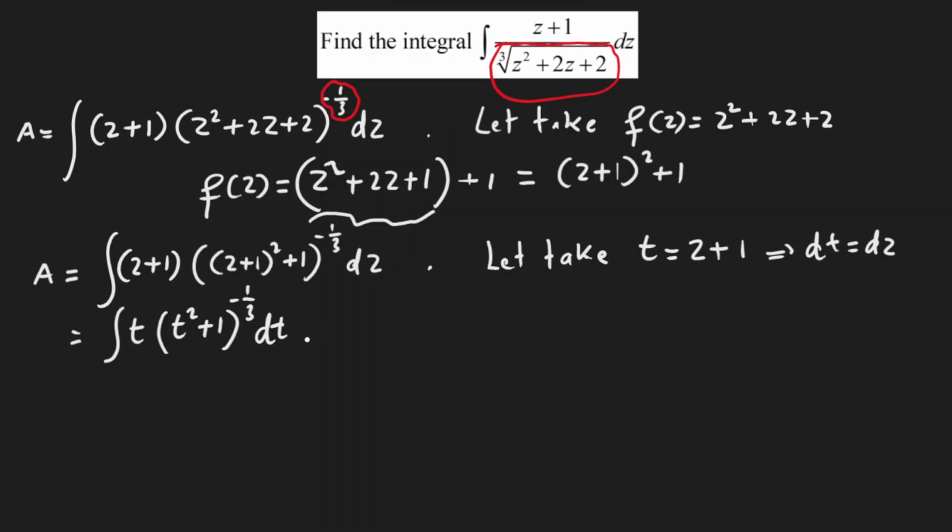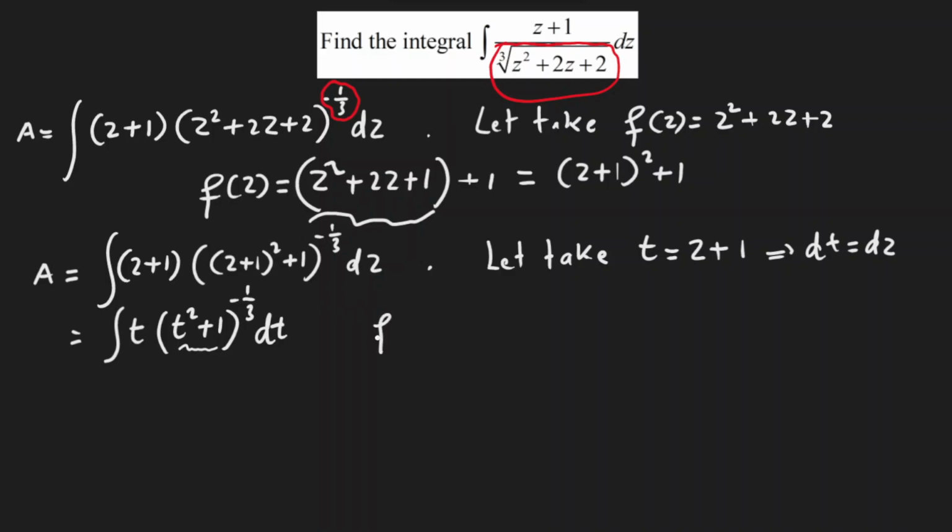Now, this is where we can easily find something. My question would be, what is the derivative of t squared plus 1? Or better yet, what I can do here is to again use my f, but that would be f(t).